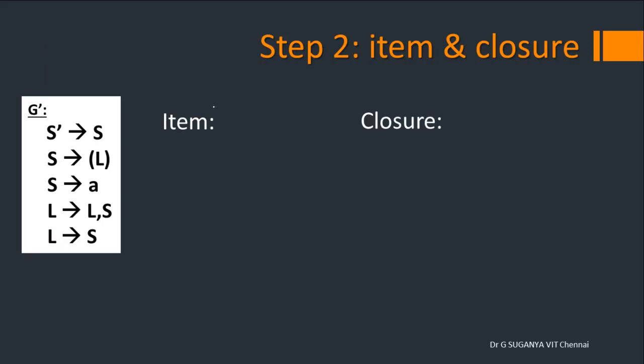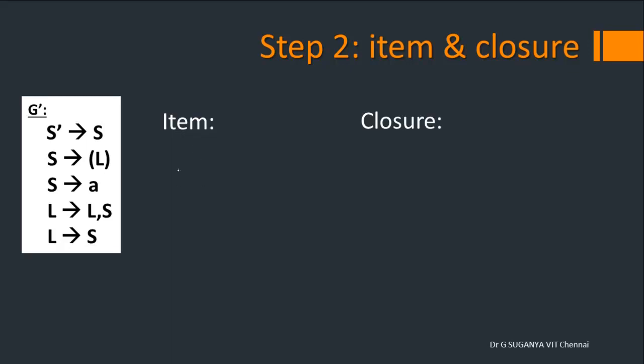Moving on, having this with us as the augmented grammar, we need to understand what an item is, what a closure is and what a goto is. With that, we'll be constructing LR(0) items. A production with a dot in some position is what we call an item.